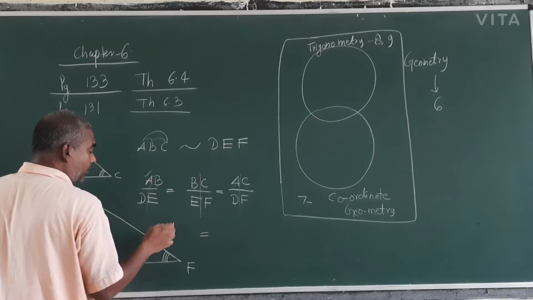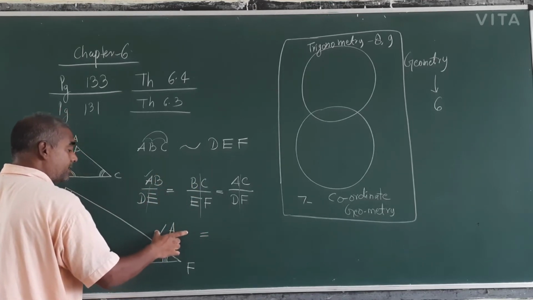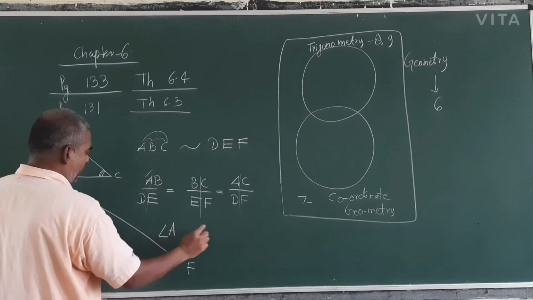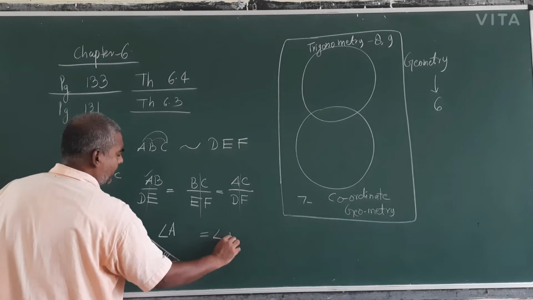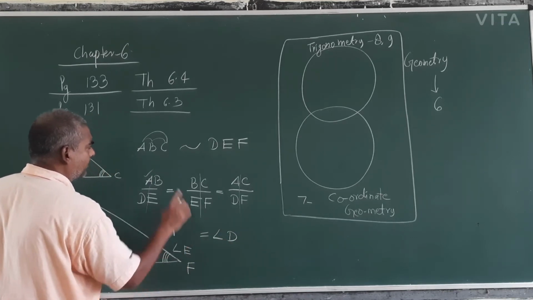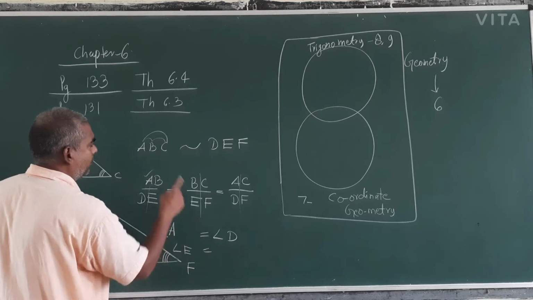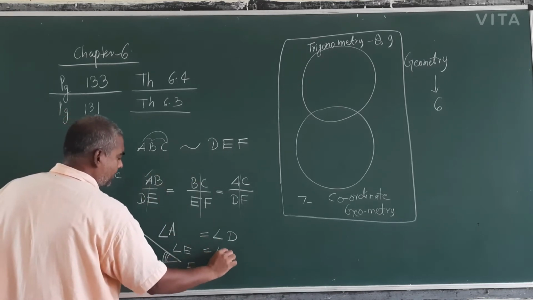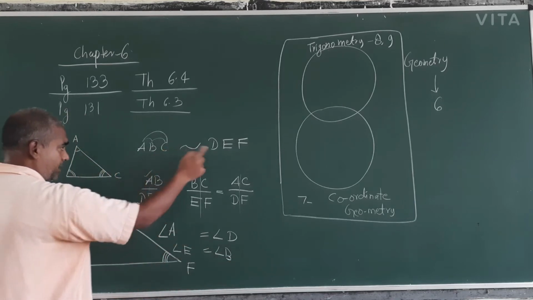So if corresponding angles are equal, then corresponding sides are in the same ratio. Angle A equals angle D, angle E equals angle B, yes, because angles are equal, and like that angle C is equal to angle F.